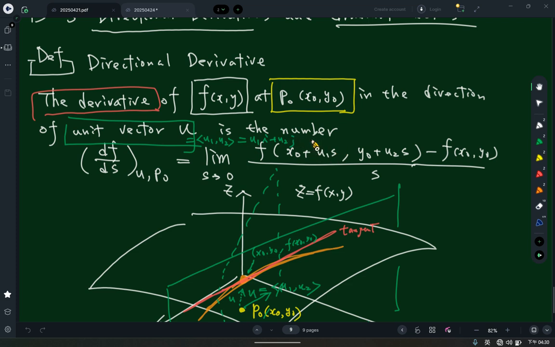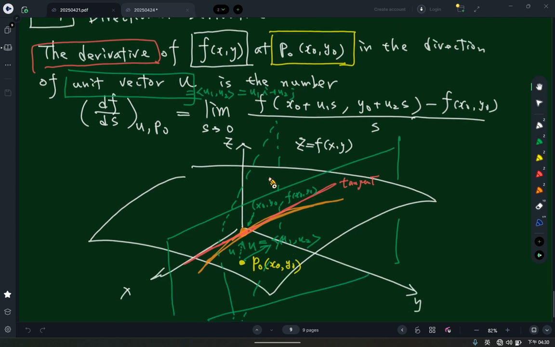As I told you last time, why is it a number? Because finally it will be the slope of this tangent line. So the typical presentation for the directional derivative is df over ds.